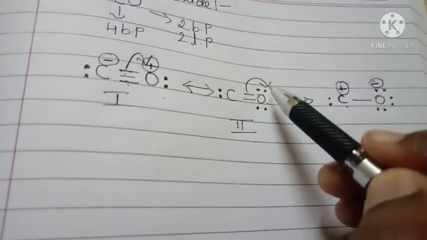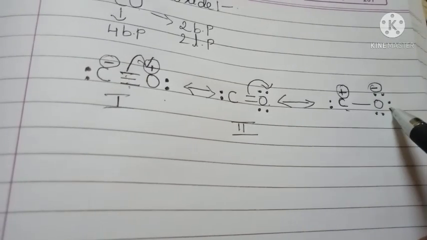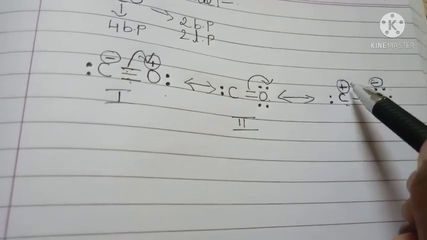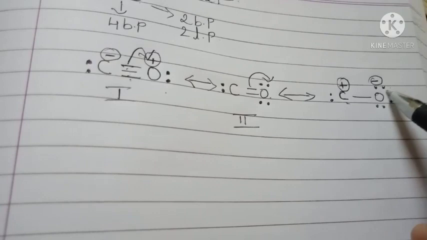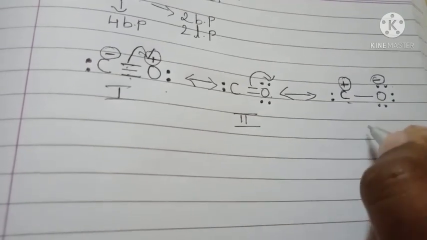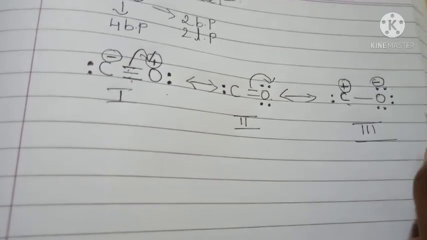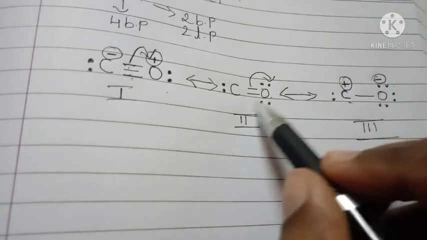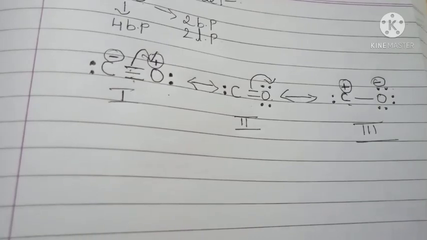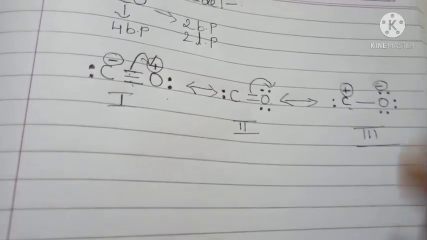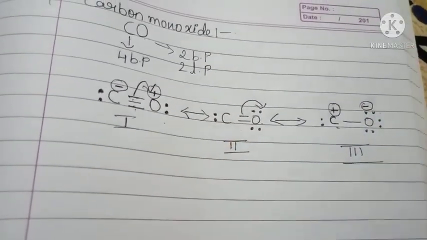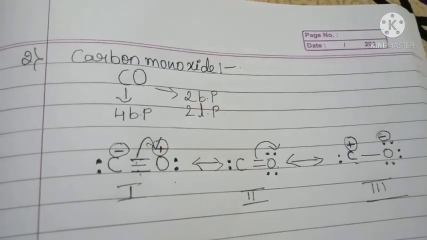Again the other bond will convert to a lone pair and it gets 3 lone pairs of electrons. So carbon carries a positive charge and oxygen carries a negative charge. Here it minimizes the formal charges. In carbon monoxide, the resonating structure minimizes the formal charges. This is all about carbon monoxide.